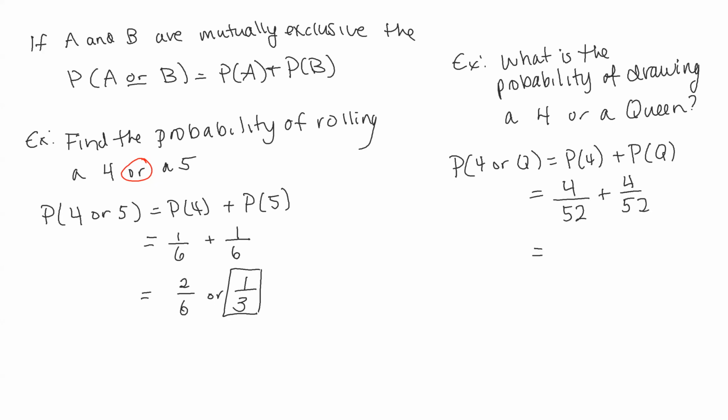So if we add these two probabilities, we get 8 out of 52. And then you always want to reduce your fraction, and you can reduce it on the calculator. 52 and 8 are both divisible by 4. So we would get 2/13. So the probability that you would draw a 4 or a queen out of a standard 52 card deck is 2/13.